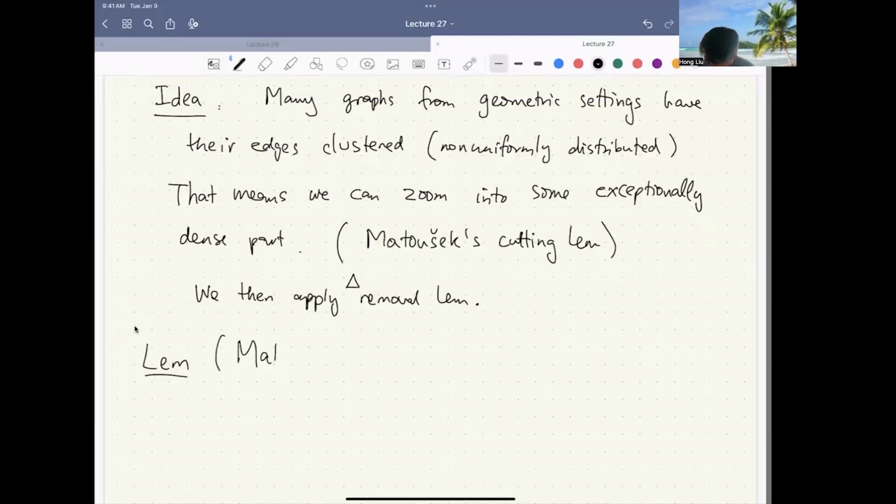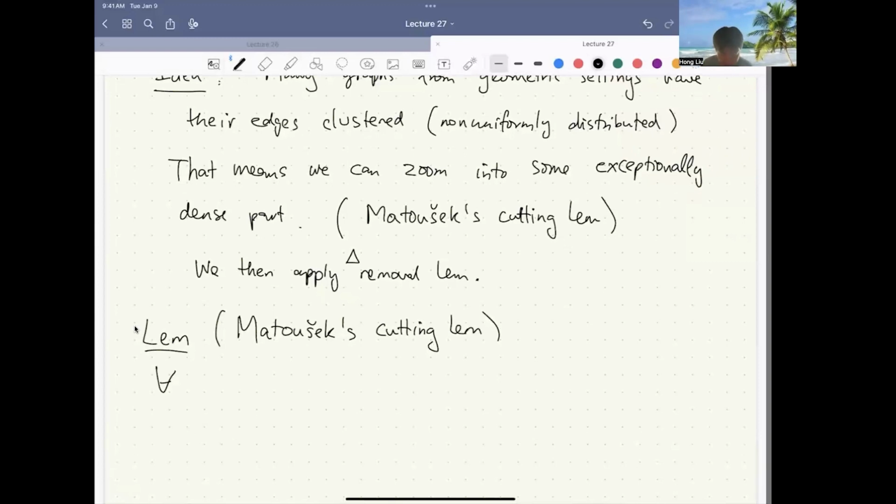Lemma, Matoušek's cutting. It says the following: for any point set P on the plane R2, a set of, let's say, n points, and any parameter r between 2 and n, there exists an absolute constant C. Let me start over.